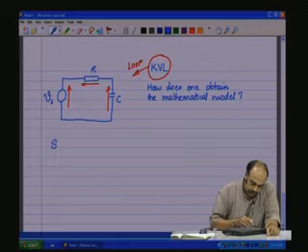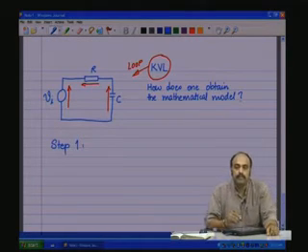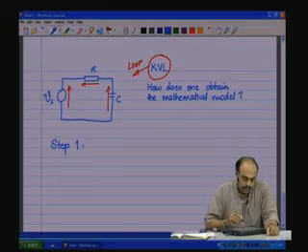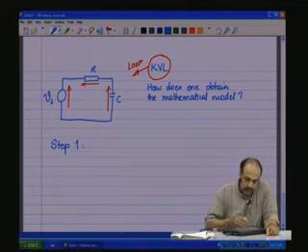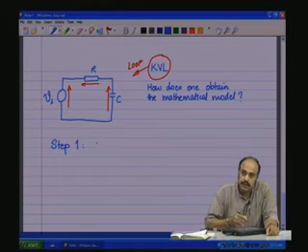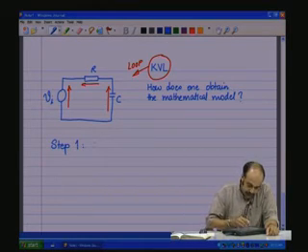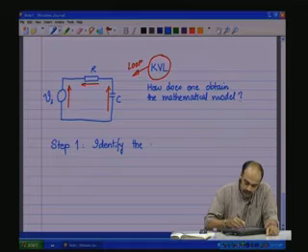Step 1. First, after having the circuit, identify the energy storing or the memory components.